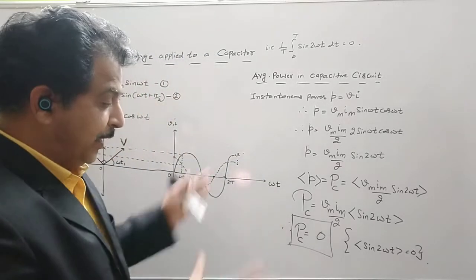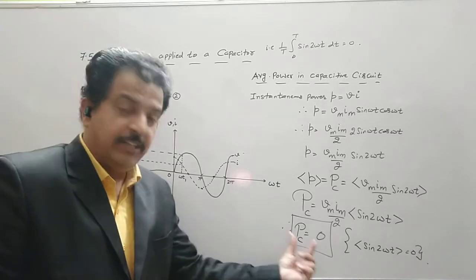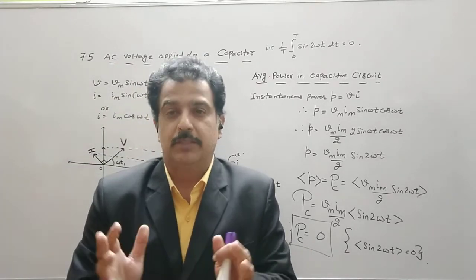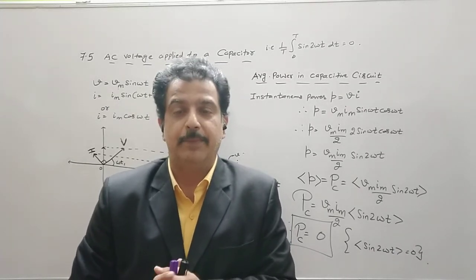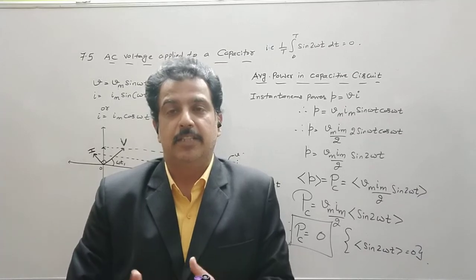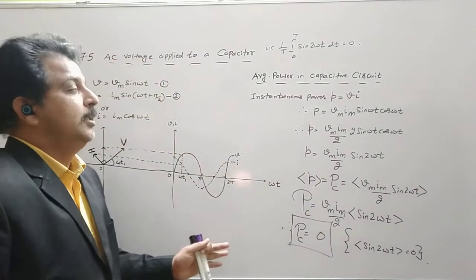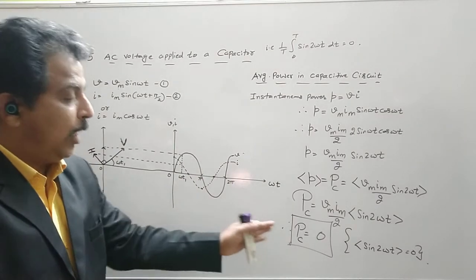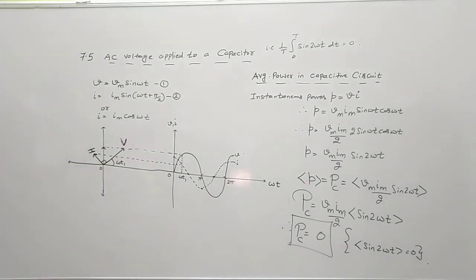In the inductor, it was magnetization and demagnetization, and in the capacitor, it is the charging and discharging of the capacitor. So let us see the pictorial representation to understand how the average power in such a circuit comes out to be 0.